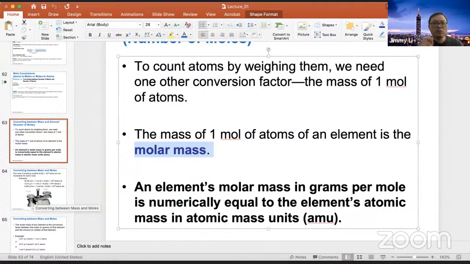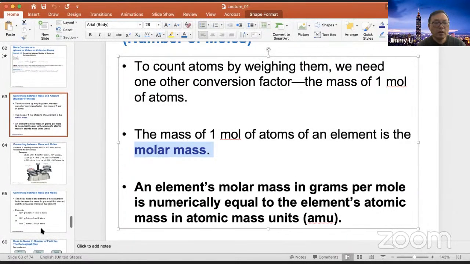So you need that unit price, the molar mass. One thing in boldface on this slide: the molar mass is in grams per mole, which is numerically equivalent to the element's atomic weight in AMU. If you look at your periodic table, carbon is 12.01.